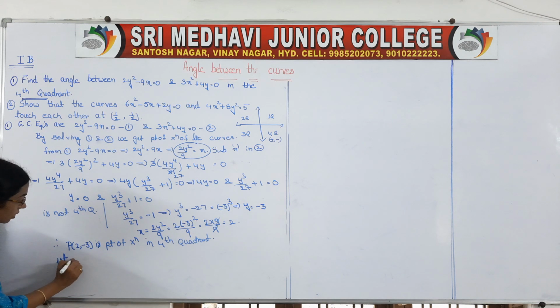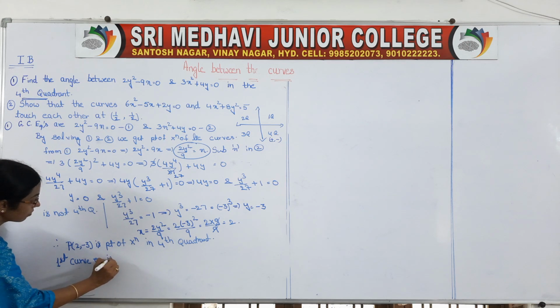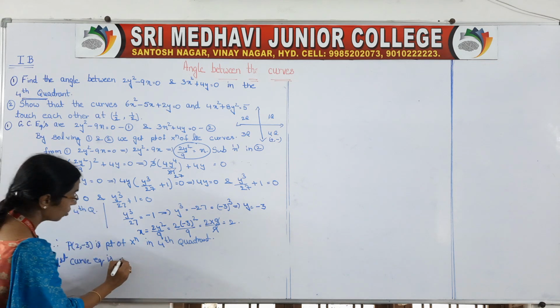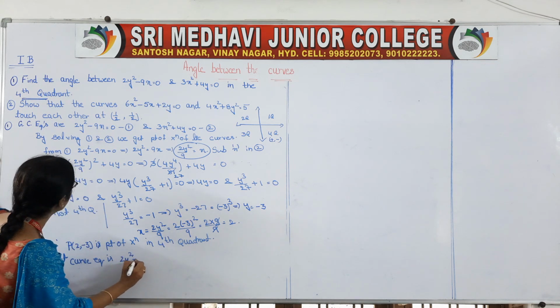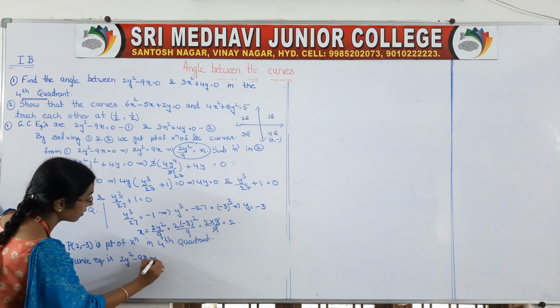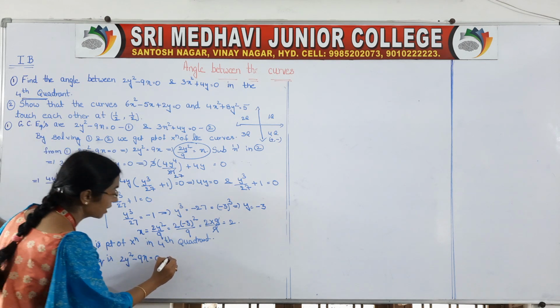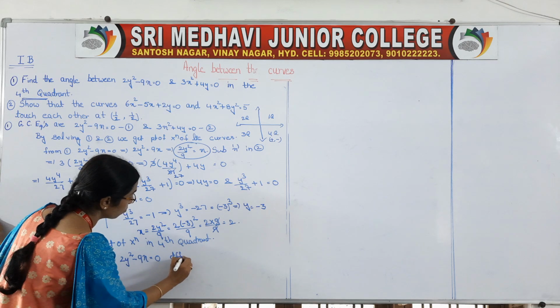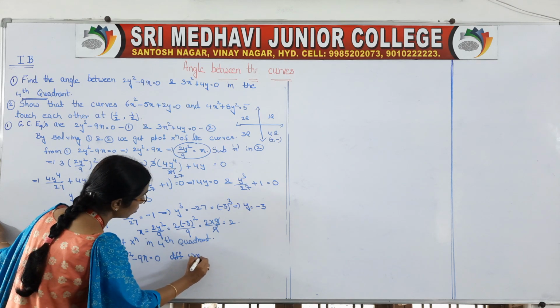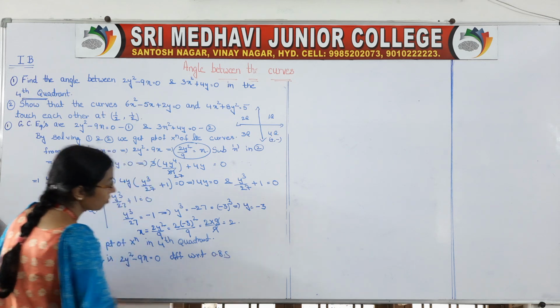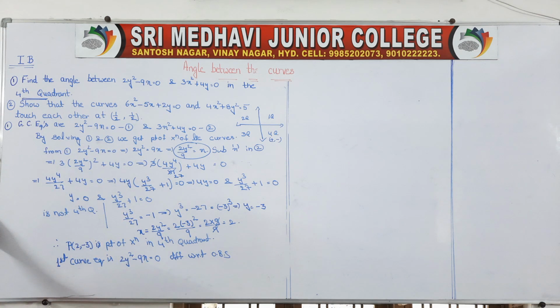What is your first curve equation? It is 2y square minus 9x is equal to 0. So differentiating with respect to x on both sides. Why are we doing this? To get the derivative of this function.